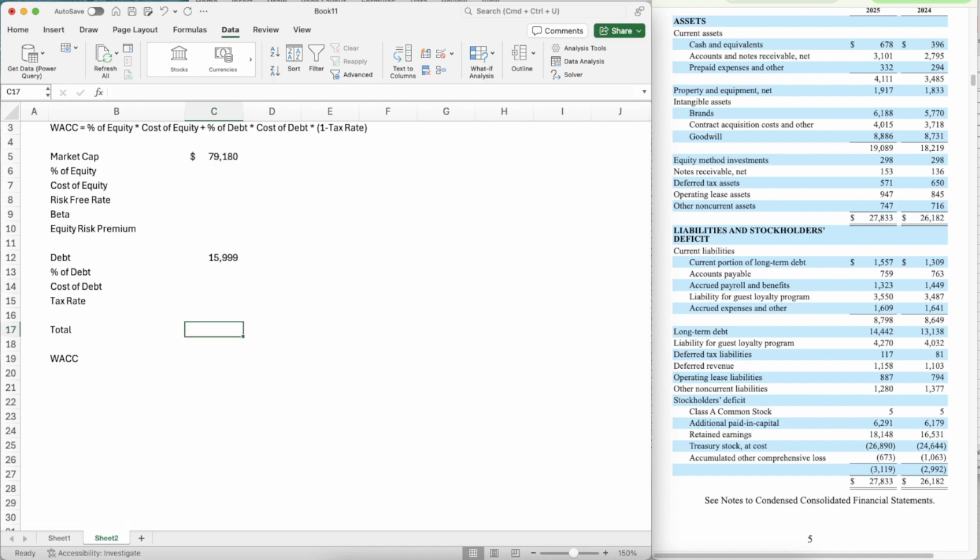So now we have these two, the market cap and the debt, we can get our total. There, we can find the percentage of equity. We can find the percentage of debt.